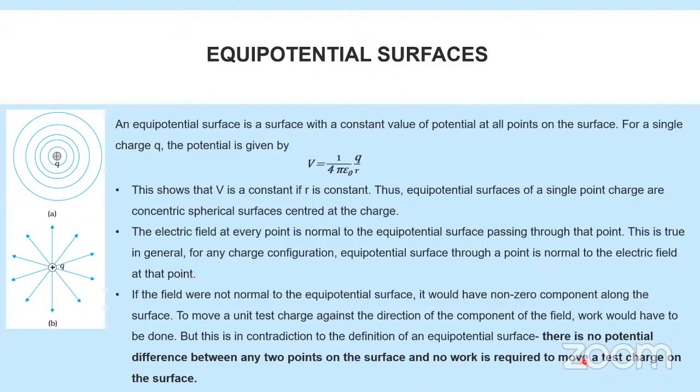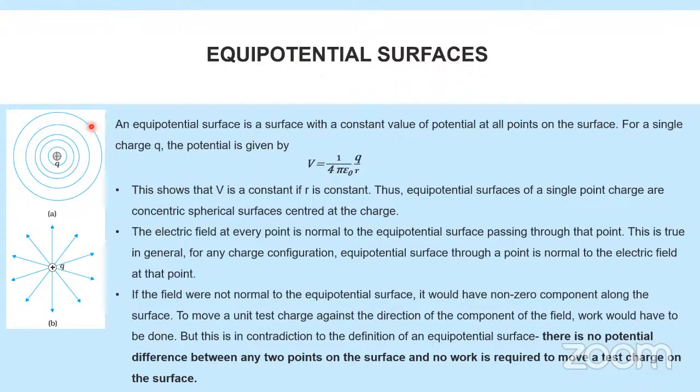With an equipotential surface, we say there is no potential difference between any two points on the surface, and because there is no potential difference, no work should be required to move a test charge on the surface. As we had seen, the work done in moving a charge from one point to another is equivalent to the electric potential difference between the two points.